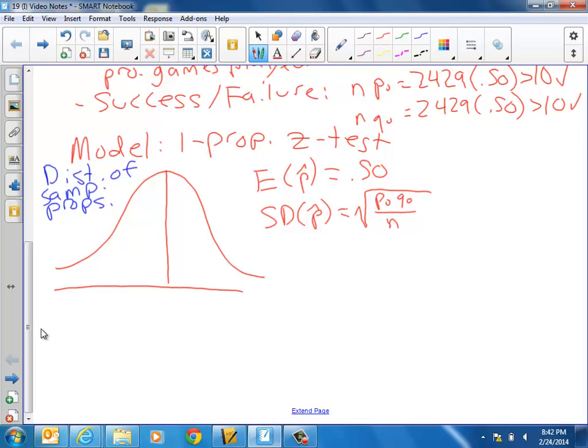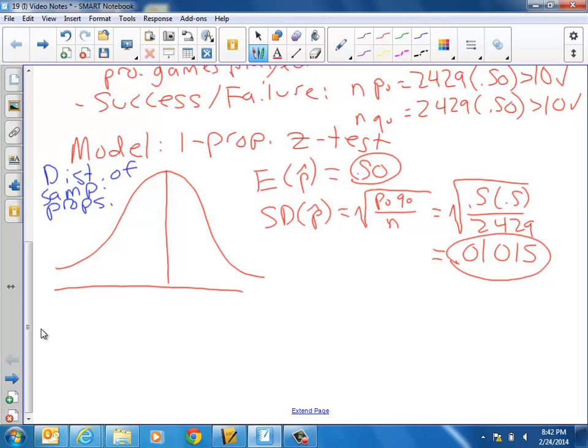Proportion of success under the null hypothesis, proportion of failure under the null hypothesis, all over the sample size, which is equal to the square root of 0.5 times 0.5 all over 2,429, which comes out to be 0.01015. Okay, so let's use these two things that I'm circling here to fill out the bell curve. And that 0.01015, we'll just round it to 0.01.